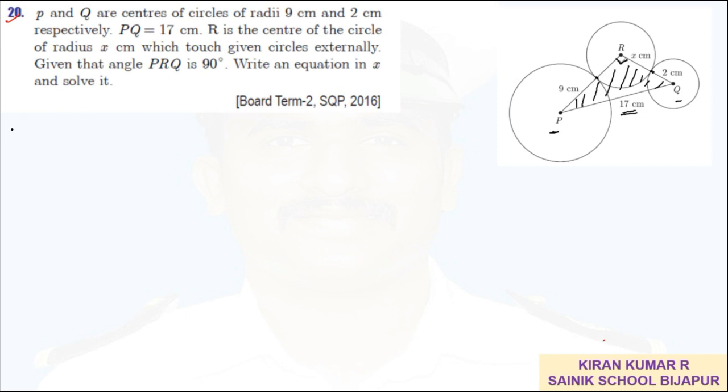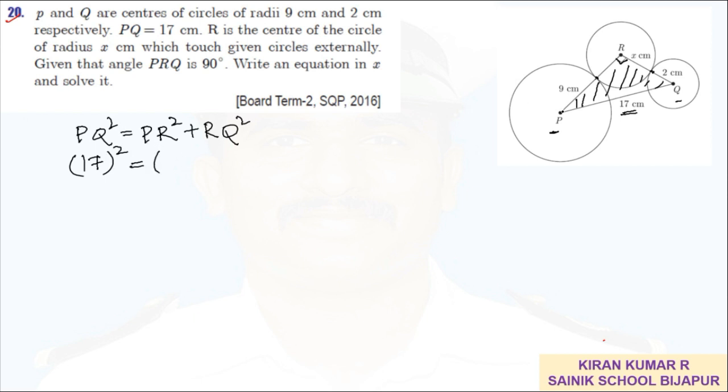If you use Pythagoras theorem here, we have the square on the hypotenuse PQ square equal to the sum of the squares of the other two sides, PR square plus RQ square. The distance between P and Q is 17, so 17 whole square will be equal to PR square.